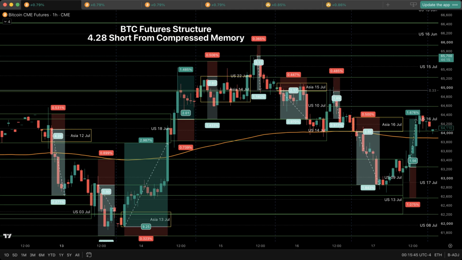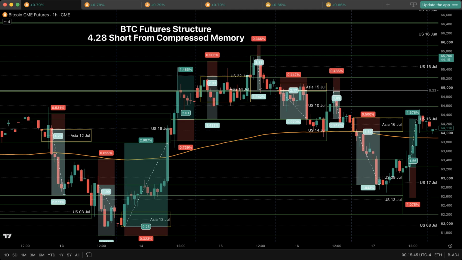Then July 16th US retests the same stack. Price bounces into July 10th US upper boundary. That line still carries June 22nd lower memory. It still carries weekly 0.33. Price cannot stay there. The short opens. Entry comes from the July 10th US upper boundary.